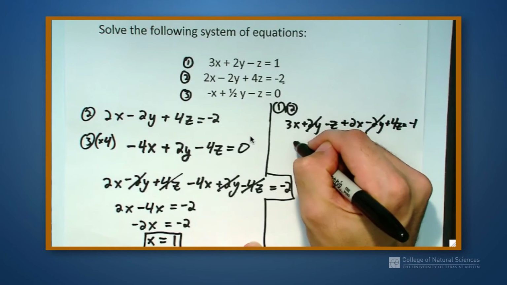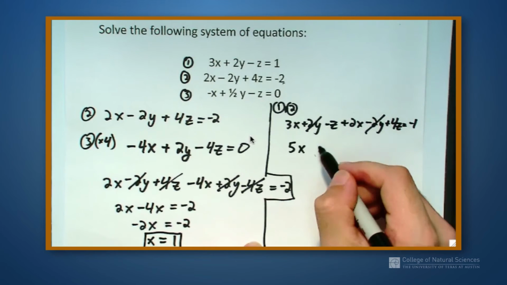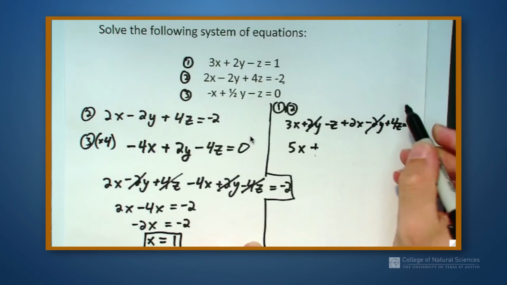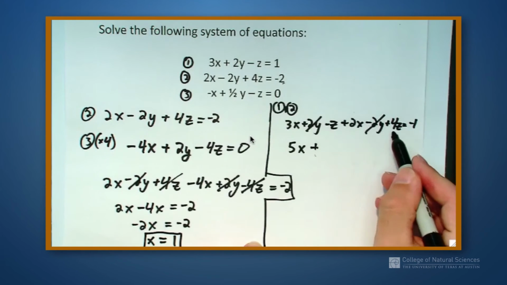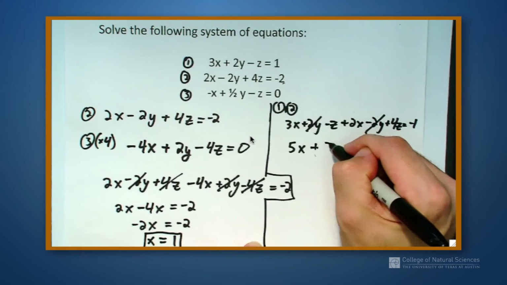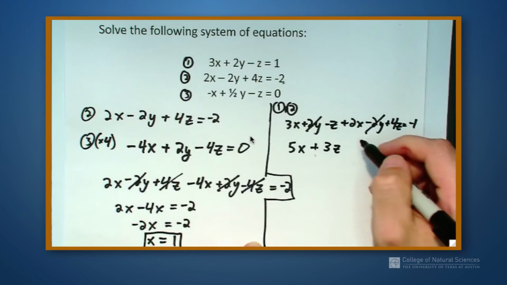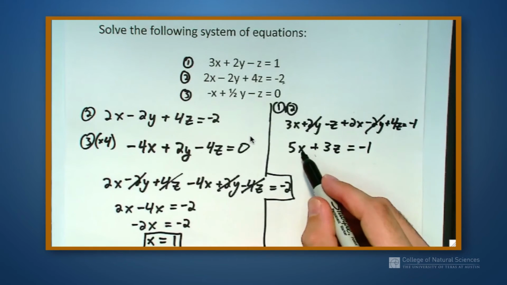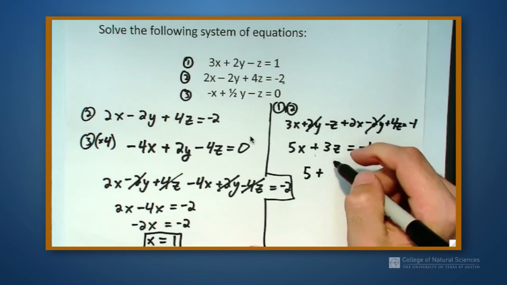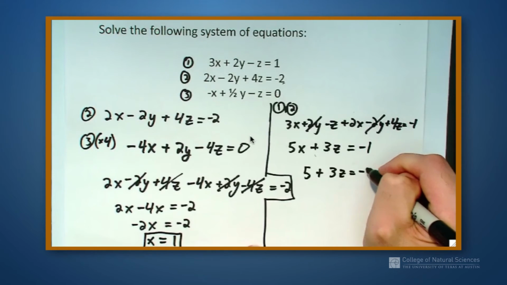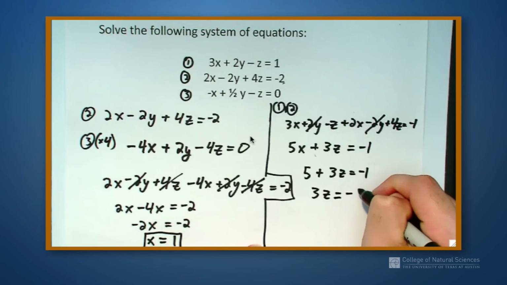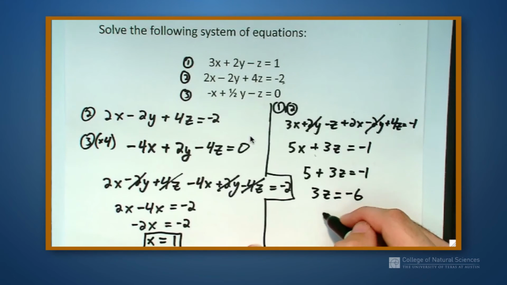I'm left with 5x plus 3z's, gives me minus 1. I know that x equals 1, so this is 5 plus 3z is equal to minus 1. 3z is equal to minus 6, moving the 5 over to the other side. z is equal to minus 2.